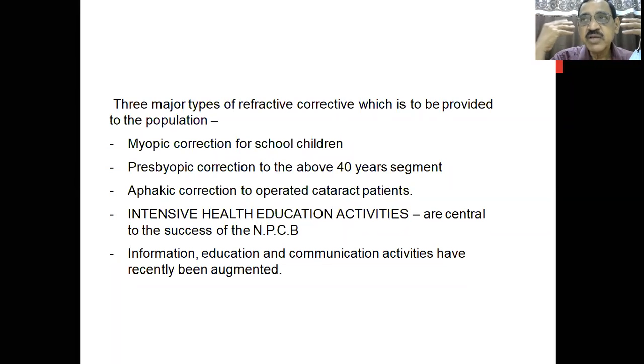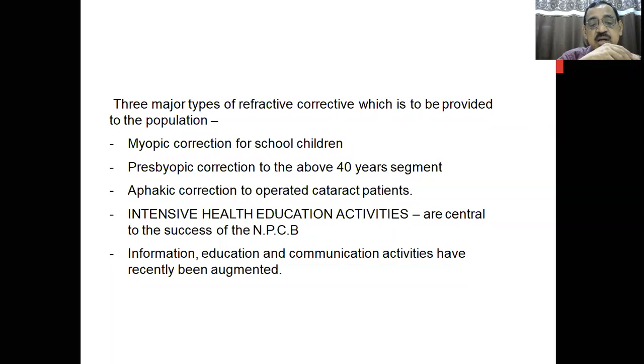Suppose inadvertently the PC is torn and there is not enough PC for implantation of a lens in the posterior chamber, nowadays we do what is called a scleral fixation lens or iris clip lens. All these things can be done, and there is no need for an aphakic correction in post-operative cataract patients. So intensive health education activities are central to the success of NPCB.